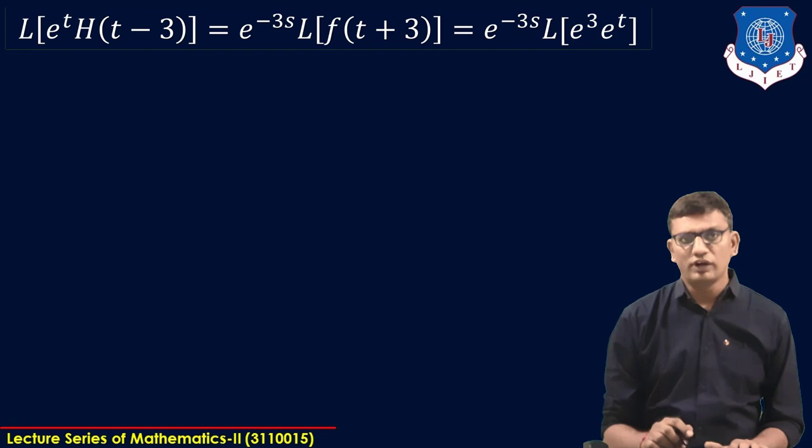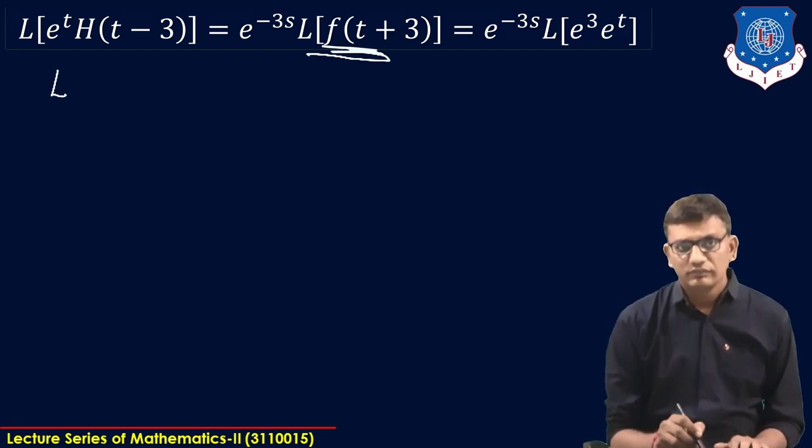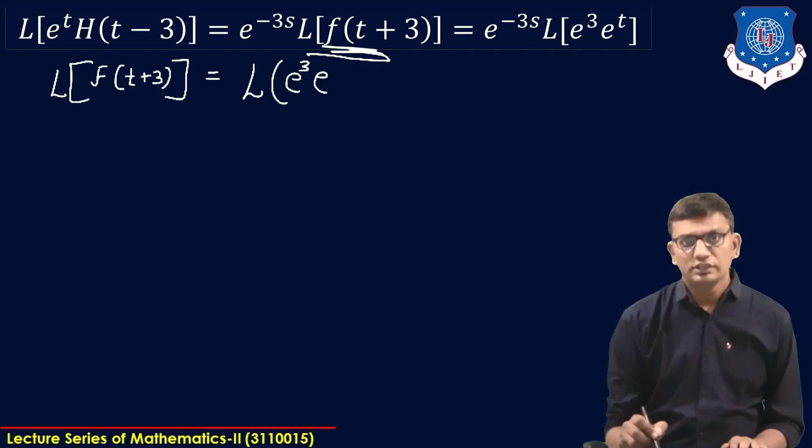Let us see how to find the Laplace of f of t plus 3 in this function. Here we will find the Laplace of f of t plus 3, which is obtained as Laplace of e raised to 3 into e raised to t. Here e raised to 3 is common.